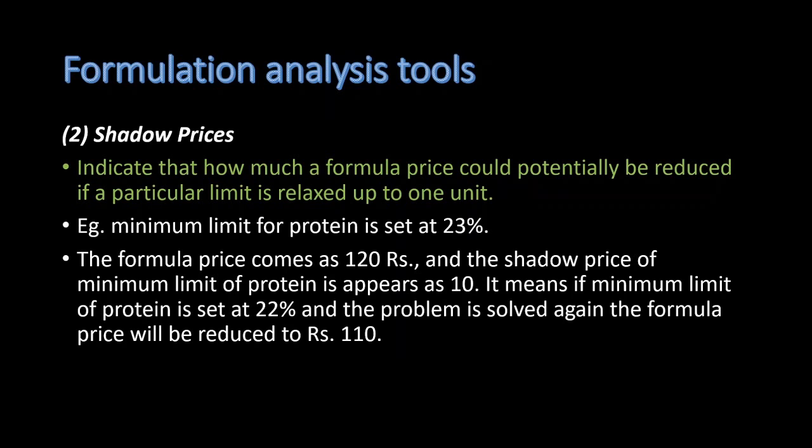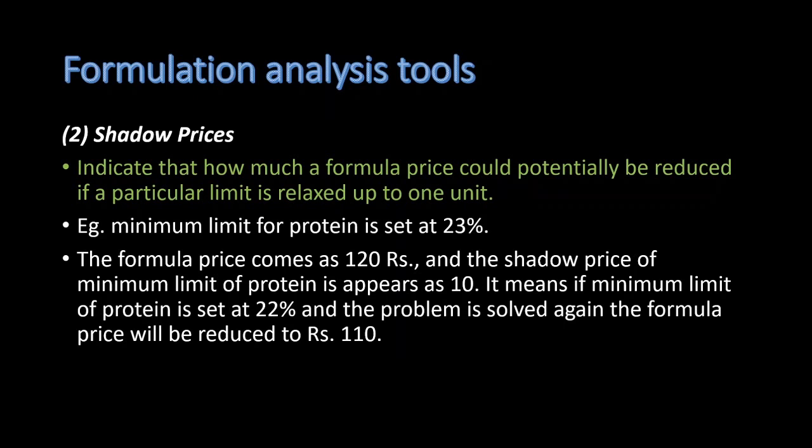It shows that if the maximum limit of inclusion of corn is set at 41% and the problem is solved again, then the formula price will be reduced to 78.125 rupees, 1.75 rupees less than the first formulated cost.